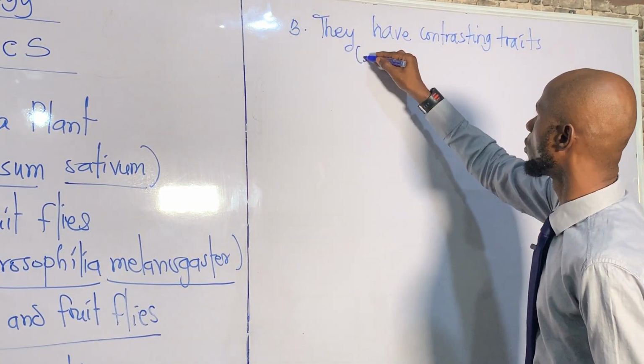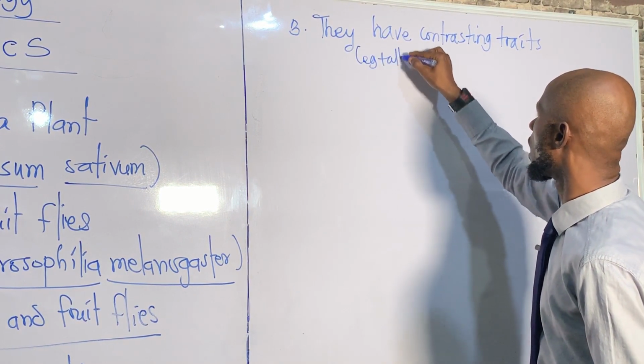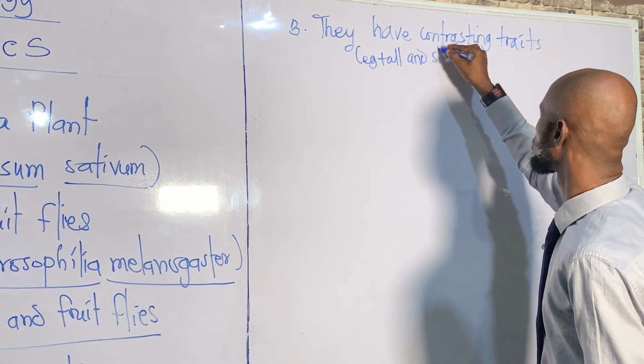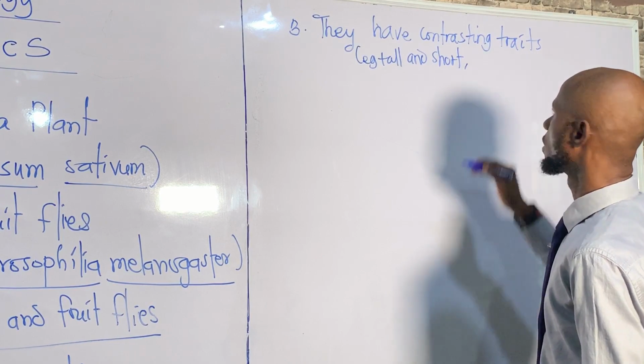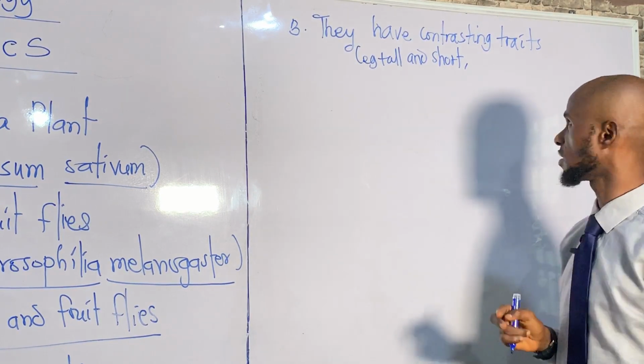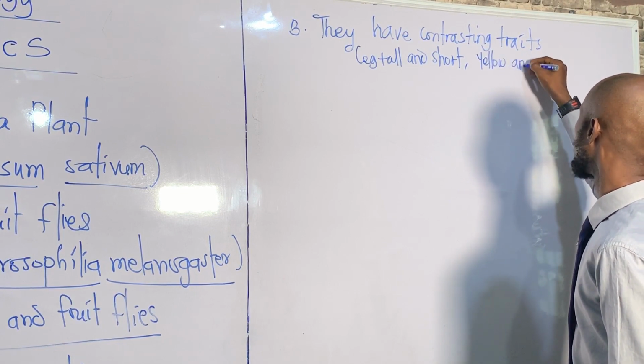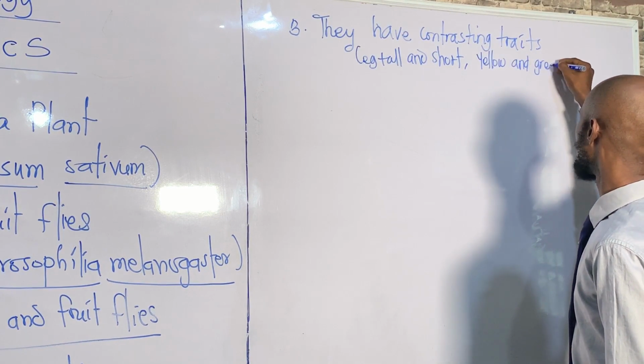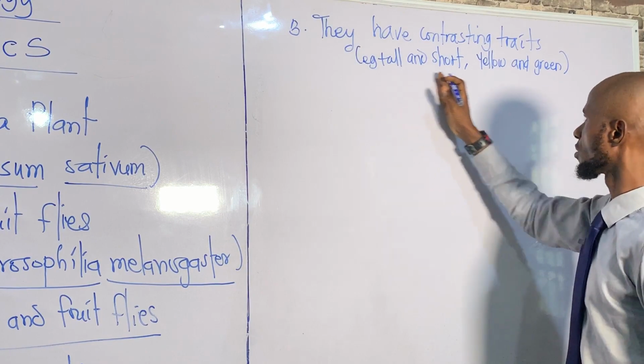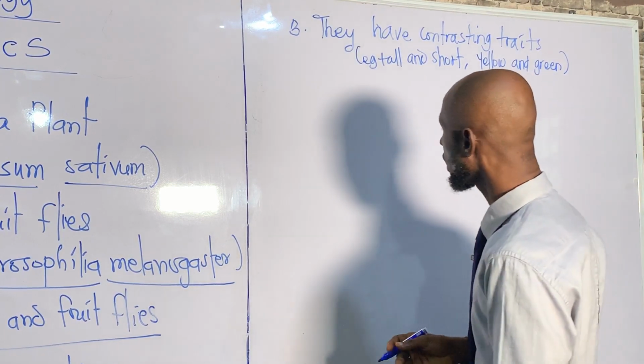Okay? For example, tall and short for height. Another one is for the color of the seed, we have yellow and green. And that is what we mean by contrasting traits.